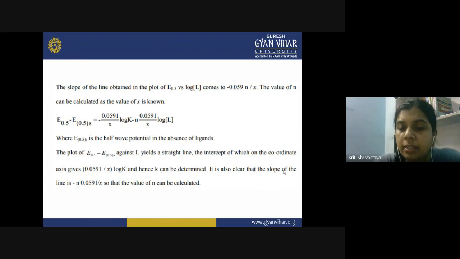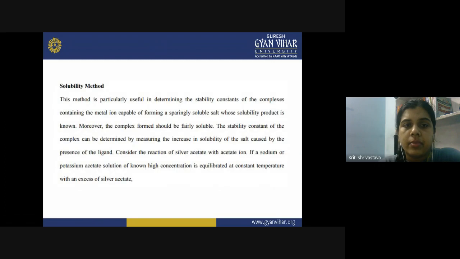It is also clear that the slope of the line is minus n 0.0591 upon x, so that the value of n can be calculated. So this was the polarographic method, and with the help of that method, we can calculate the different formation constants.